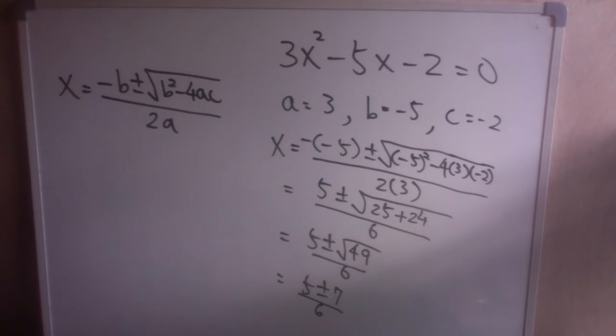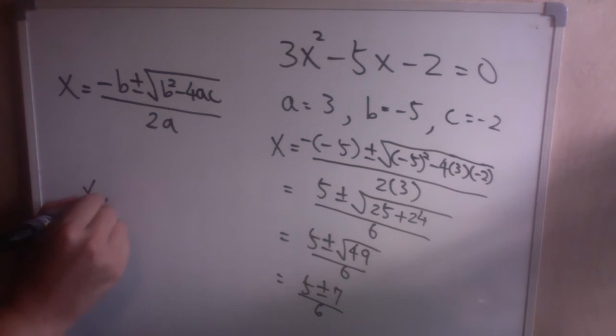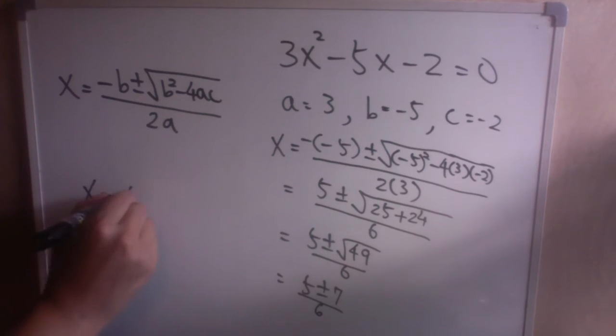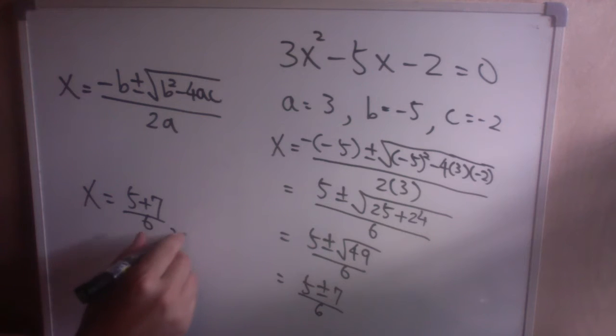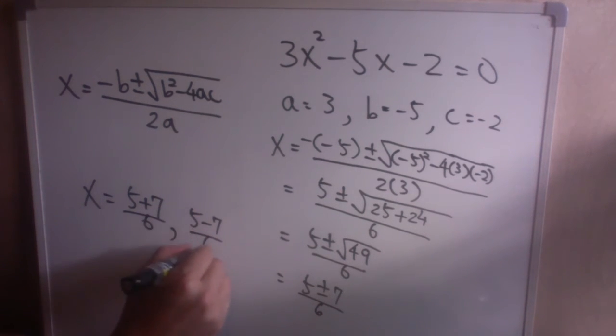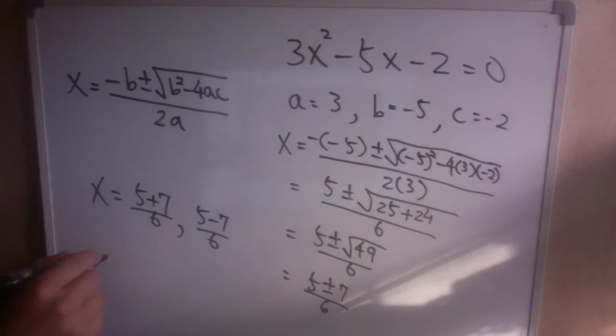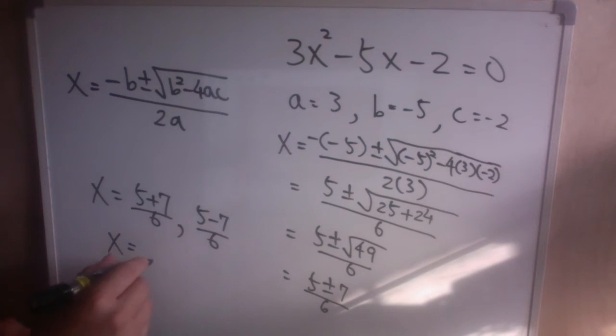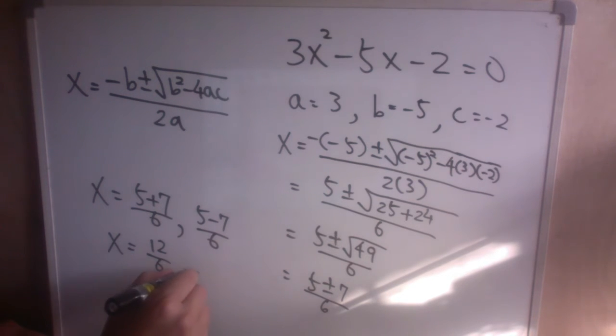So x is equal to either 5 plus 7 over 6 or 5 minus 7 over 6. So x is basically either 5 plus 7 over 6, so that's 12 over 6, or 5 minus 7, that's negative 2 over 6.